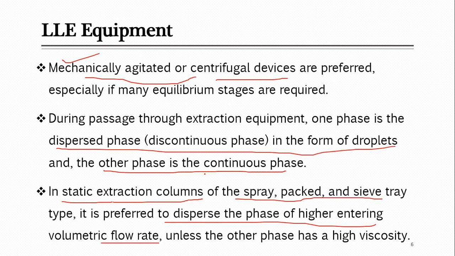You have already studied fluid mechanics, so you are aware that if something is highly viscous, it will move in streamline flow. In streamline flow there is not good mass transfer as well as heat transfer, so we go for some turbulence.